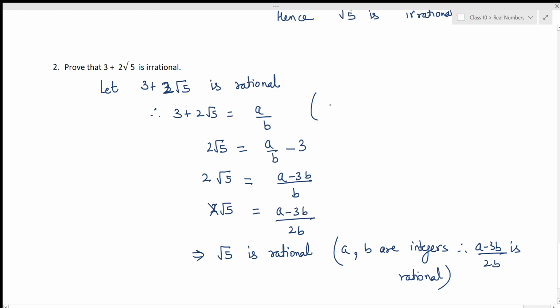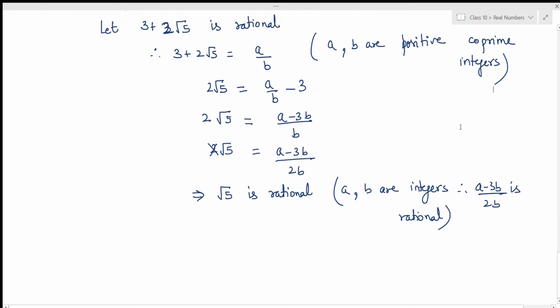Here I have to say that a, b are positive co-prime integers. But this contradicts the fact that root 5 is irrational.